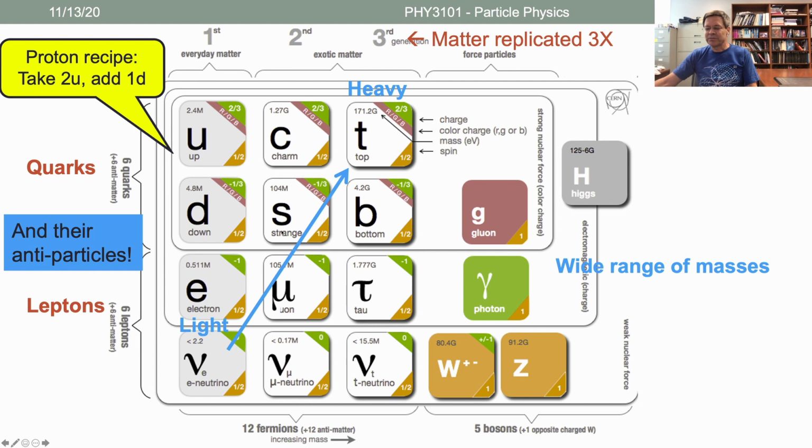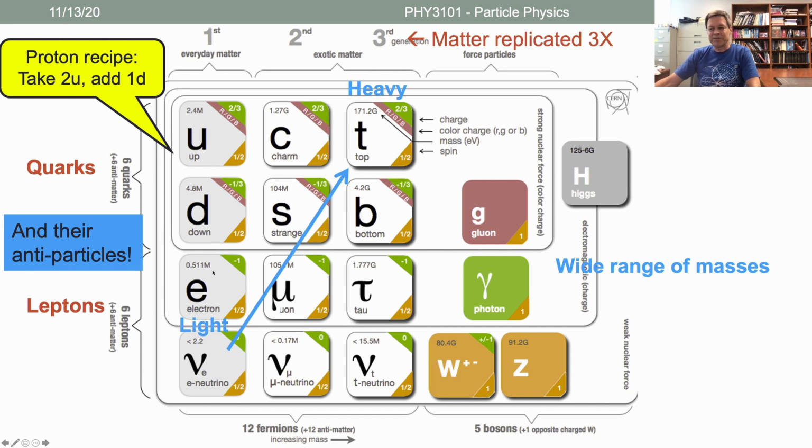So we've replicated the first column 3 times, and we're generally going from light on the left side to heavy on the right side, and also kind of going from bottom to top. Or more specifically, from neutrino to top. Turns out the neutrinos are the lightest particles we know about. They apparently have mass, but it's probably well below an electron volt.